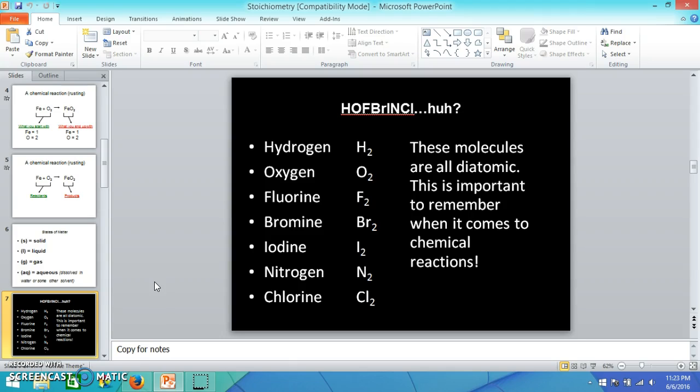But again, this is when these elements are by themselves. If you have water, which is H2O, hydrogen and oxygen are not by themselves. They're actually combining into something new. So this Hofbrinkel is just for these 7 elements when they're by themselves. You just got to remember, do I have any of these elements in this equation? And if so, and if they're by themselves, then you got to remember that they're diatomic. You get 2 of them, so it's H2, O2, F2, and so on.